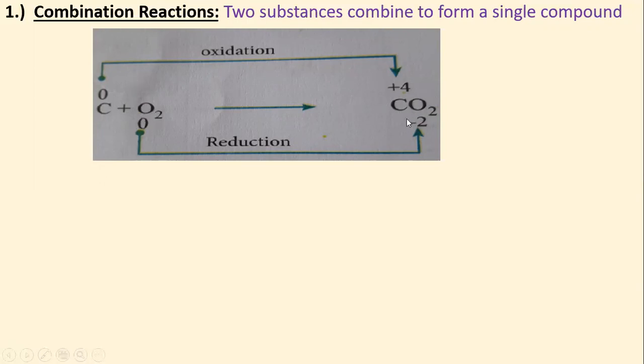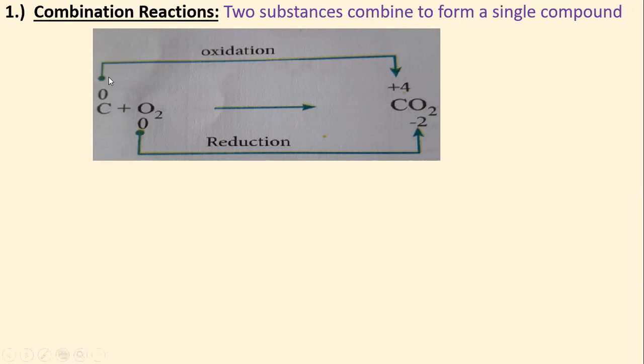And here the product is carbon dioxide. To find this, consider the unknown as x, and oxygen is -2. With 2 constituent atoms, 2 into -2 is -4, so carbon will have a +4 oxidation state. From the left hand side to the right hand side, the sign changes.